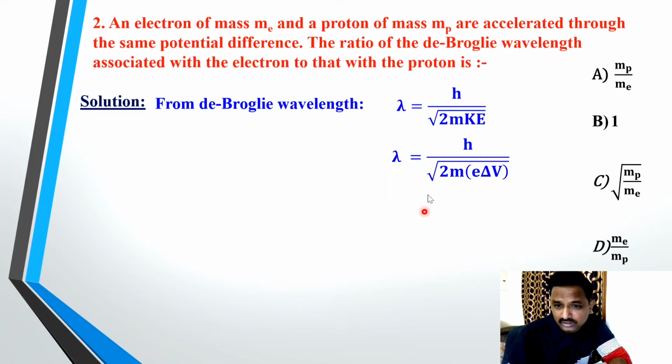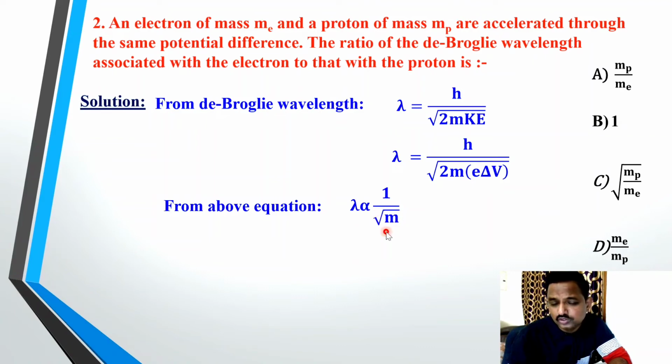So from the above equation, we can say lambda is inversely proportional to root over m, because here h is constant, the charge of electron and proton e is constant, and the given potential difference is constant.